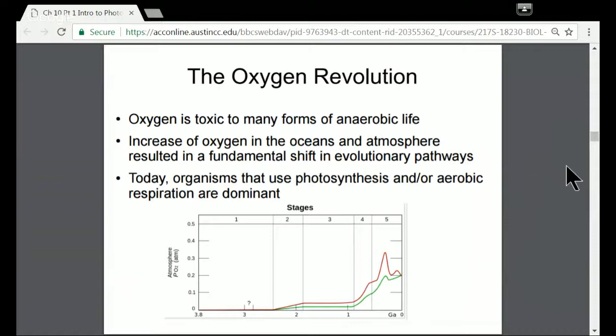Today, the dominant forms of life on this planet are capable of performing photosynthesis and/or aerobic respiration, both of which involve oxygen. So these photosynthesizers not only changed the planet, they changed the course of evolution of life. Pretty powerful stuff.